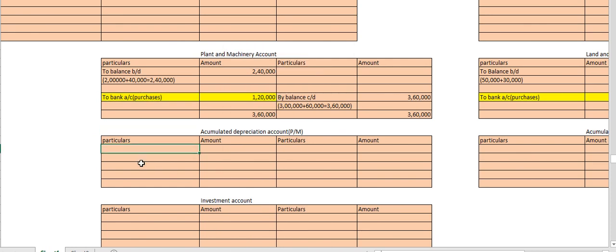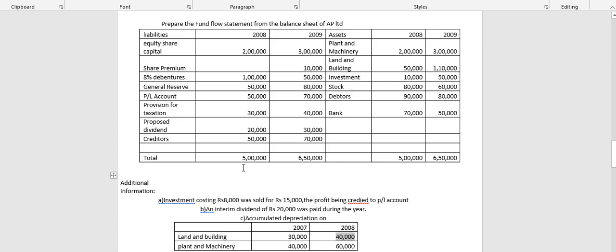Moving on to the accumulated depreciation account. In the accumulated depreciation account, you will have a credit balance, so it is by balance brought down. If you see the opening balance of accumulated depreciation for the plant and machinery is 40,000 and the closing balance is 60,000.